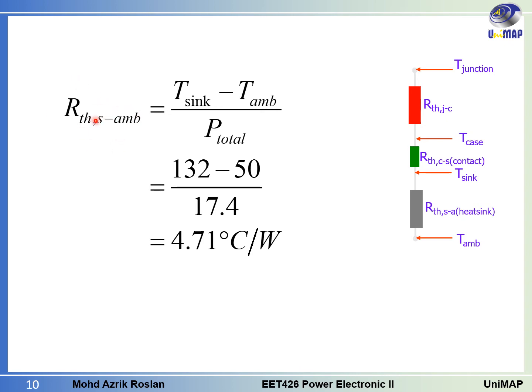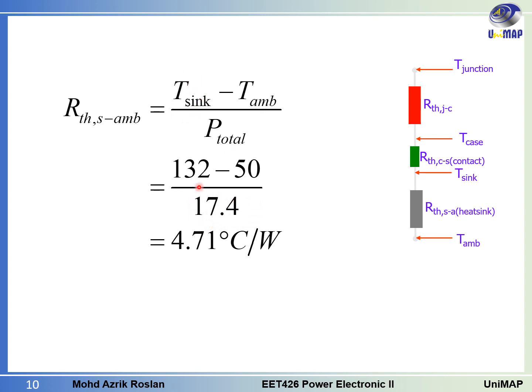This is the value of the thermal resistance of the heatsink that we should design. So we have to consider the heatsink temperature minus the ambient temperature, divided by the total power dissipated from all the devices that we put on the heatsink. We already calculated the total power, which is 17.4.